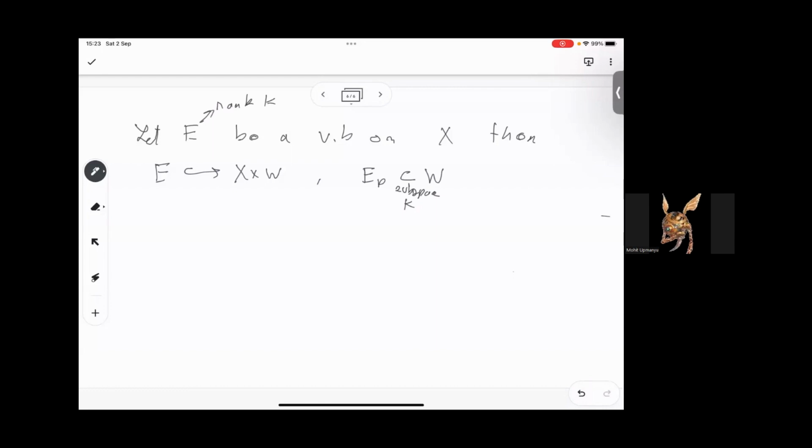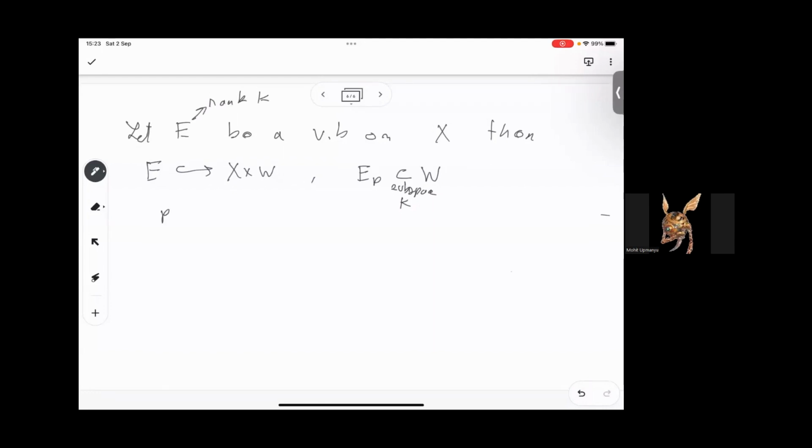Given any point p, we now define a map from X to the Grassmannian of K comma W, which will send a point p to basically E_p, since E_p is a K-dimensional subspace of W. So that's a perfectly valid map.